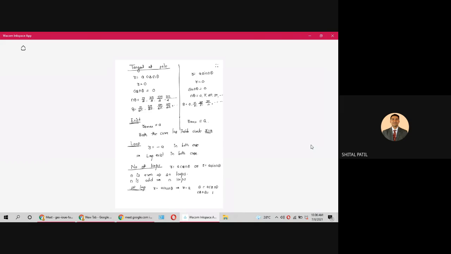This is required. Now cos n theta equal to 1 implies, when cos theta is 1, theta is 0. So it implies theta equal to 0. So the first loop for this is along theta equal to 0.